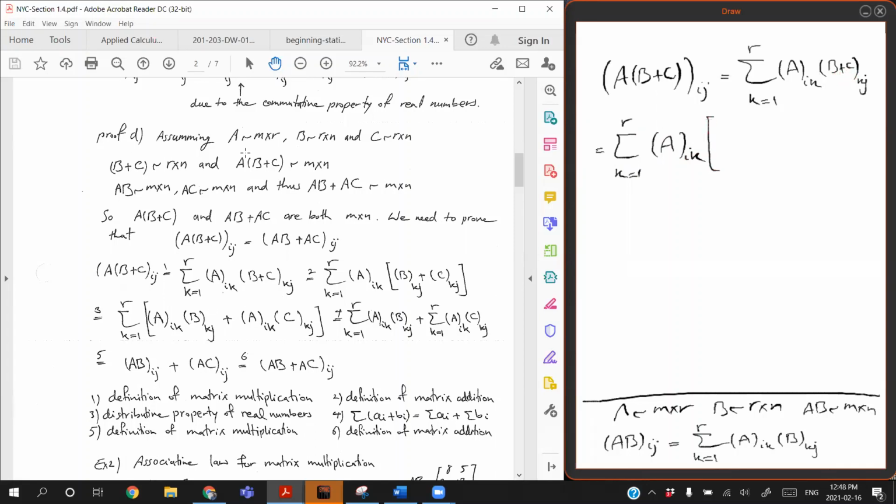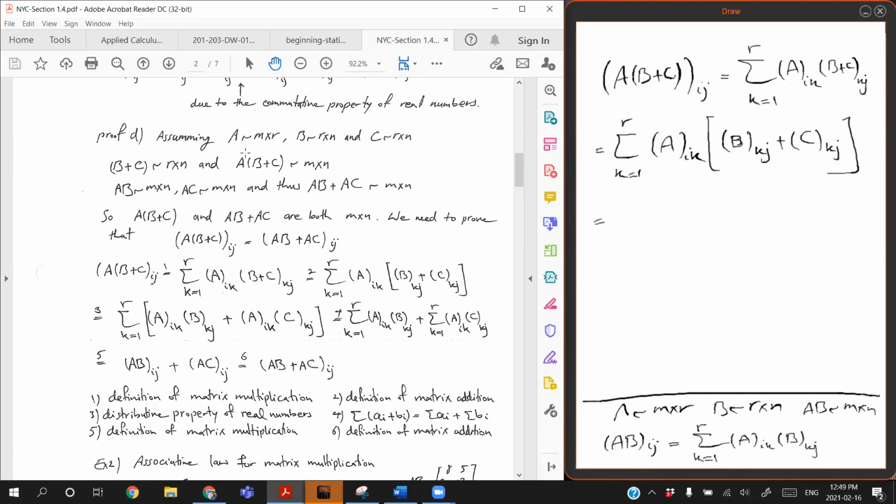This is defined to be the entry on the kth row and jth column of B plus the entry on the kth row and jth column of C. Because when you want to add up two matrices, you just add up the corresponding entries. So this would be the entry on the kth row and jth column of B, plus the same position entry from matrix C.